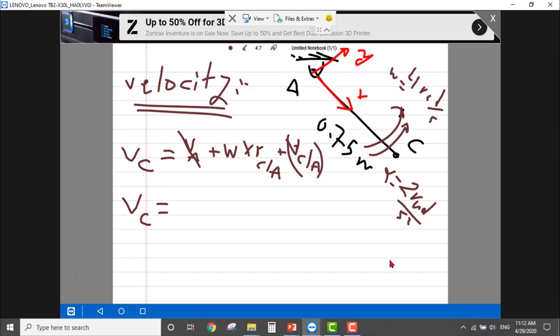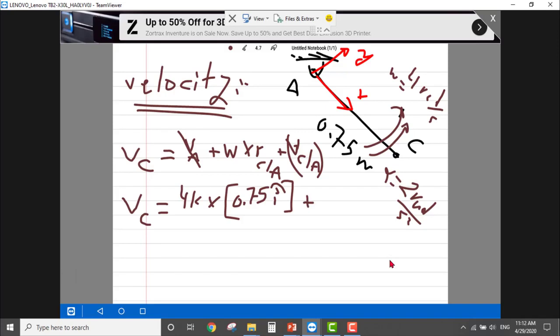So I will substitute for K cross product. Now we'll move from A to C, in positive X, a distance of 0.75. So 0.75 in the positive i direction for the inclined coordinate system.